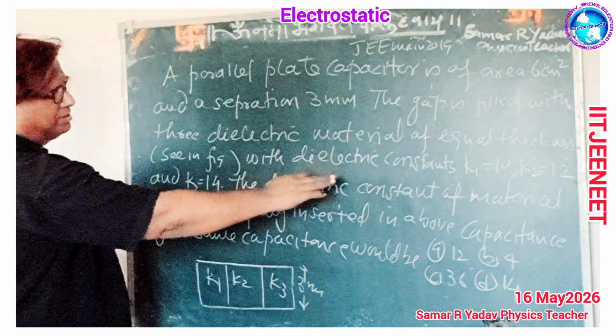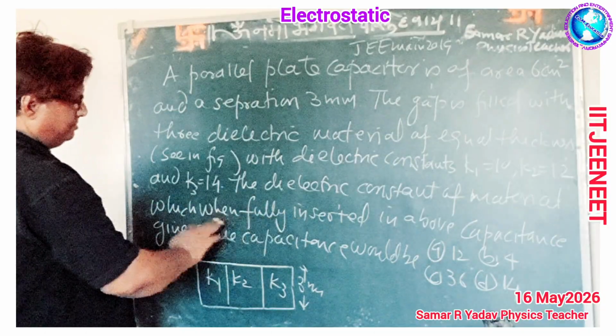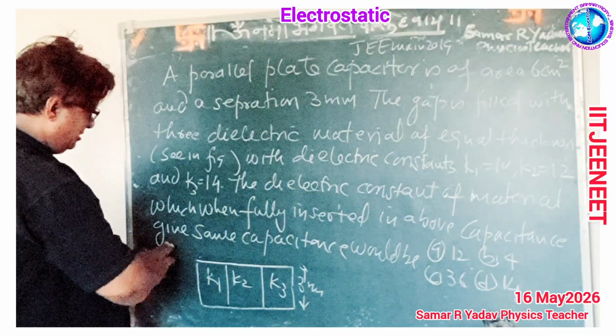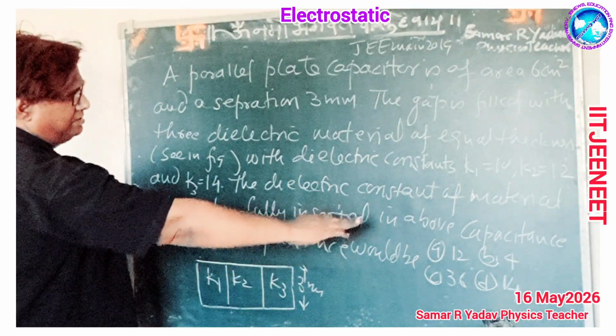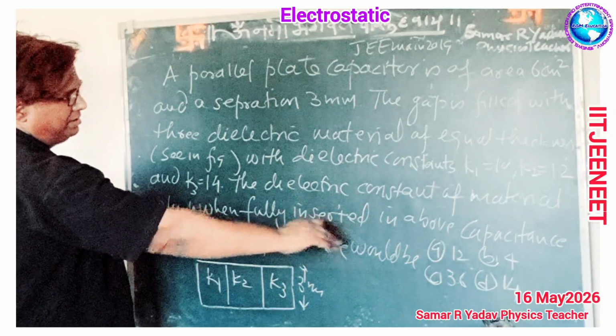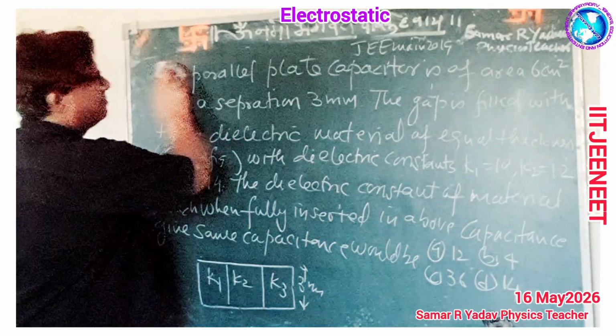The dielectric constant of the material which, when fully inserted, gives the same capacitance would be dash. There are 4 options given: A 12, B 4, C 36 and D 14. Now to solve this multiple choice question.